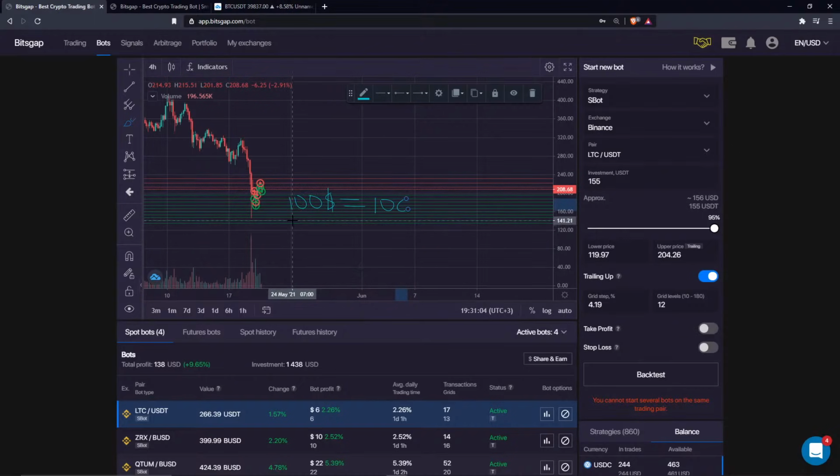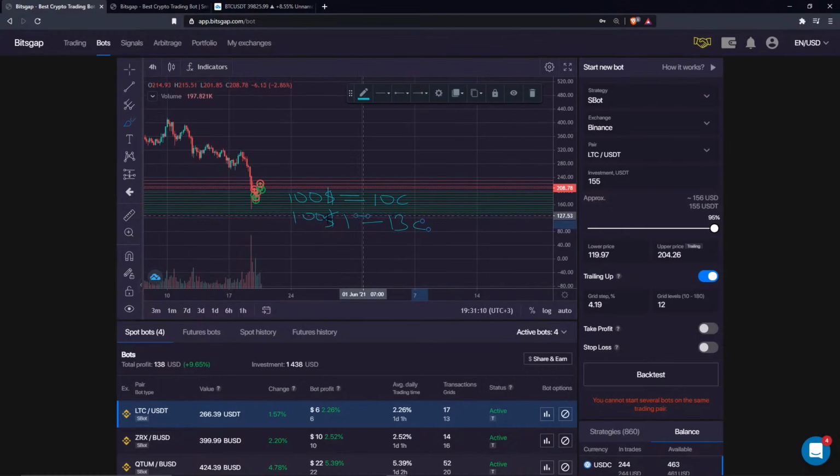As the price falls, with $100 now you can buy 13 coins. So as the price falls, you accumulate more coins. So eventually, as the price reverts, having more coins compared with the classic bot, your recovery will be faster and you will generate more returns compared with the classic bot, right?